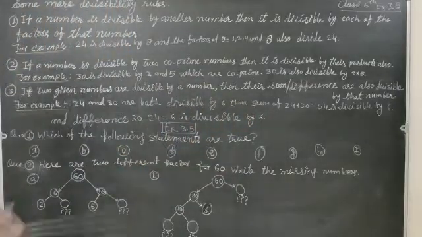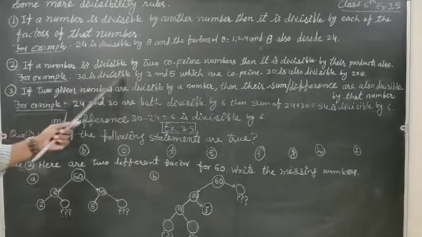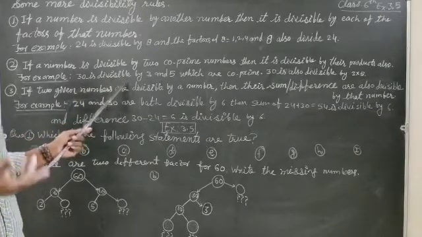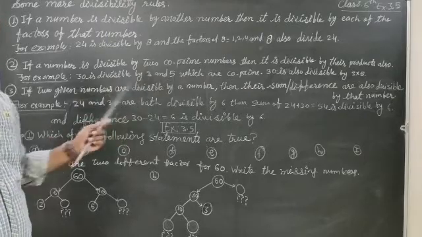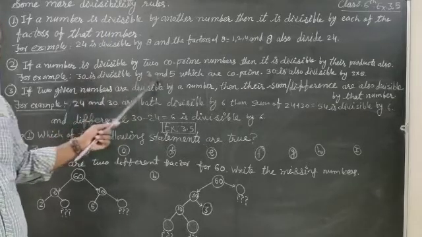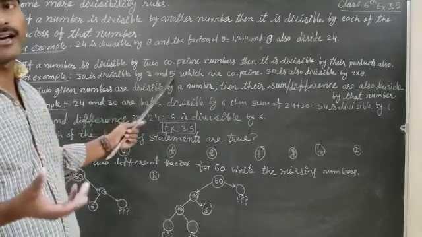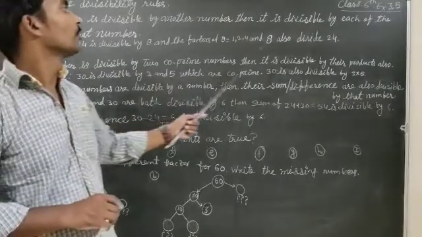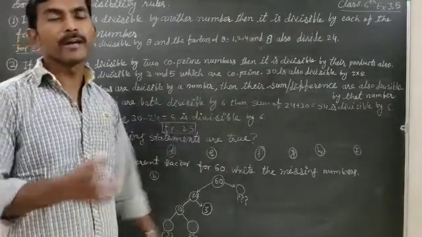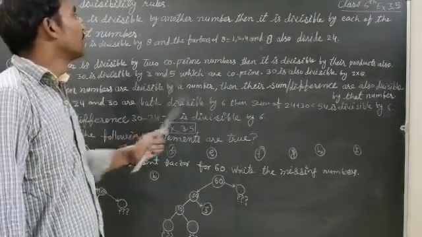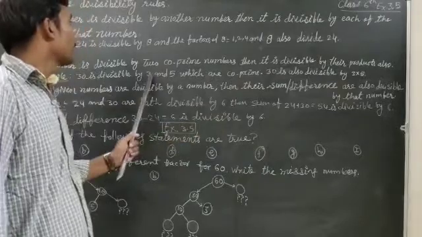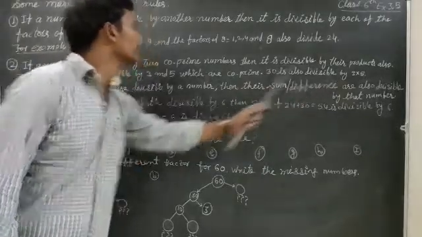For example, 30 is a number which is divisible by 3 and 5. 3 and 5 are co-prime numbers, so 30 is divisible by 3 into 5.